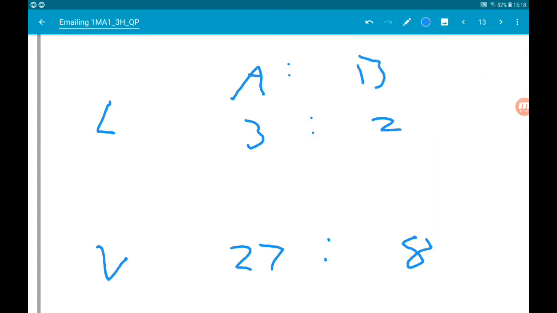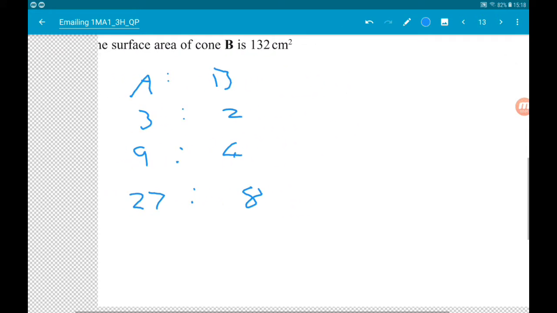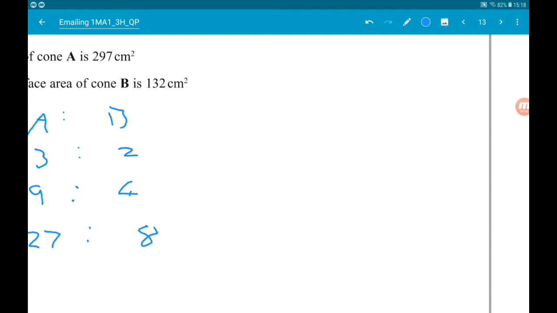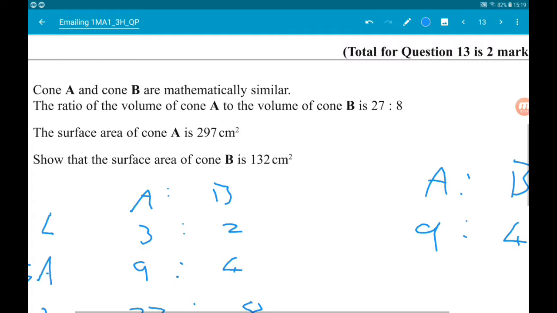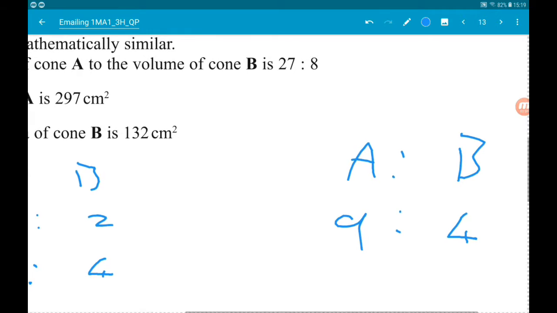Now to get the surface area ratio, we square the length ratio. So we're going to get 9 to 4. So we now know then that the surface area ratio A to B is 9 to 4. Now we know the actual surface area of A is 297.